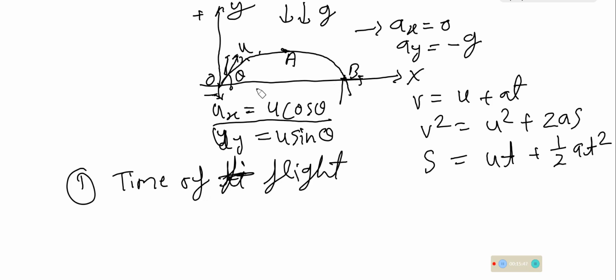So this is known as the horizontal range, or generally we say range R. At this point the displacement in the y direction is 0, so we can use this equation. We put Sy equal to 0, because in the vertical direction the displacement is 0. And we put in all the values, and we can get the horizontal range of the particle.